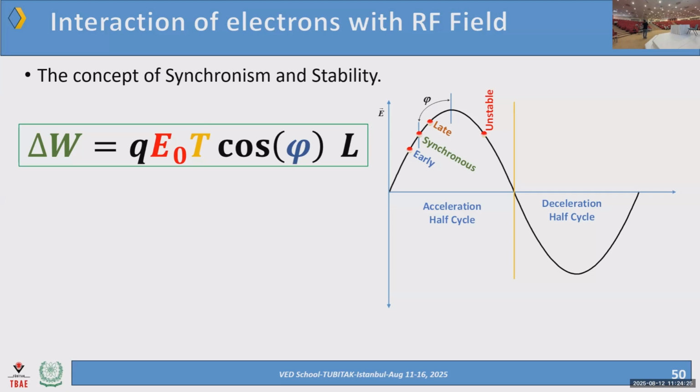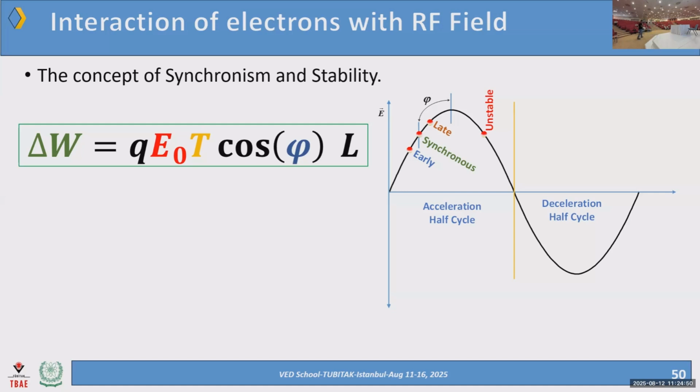What about those who are behind me? When they arrive, the field has already risen to a higher value. Then there will be a peak, and there can be other people who come too late, when the field is already decaying. Is it clear?